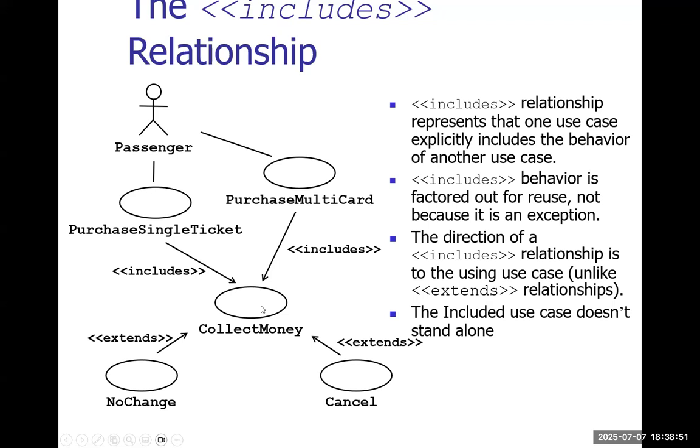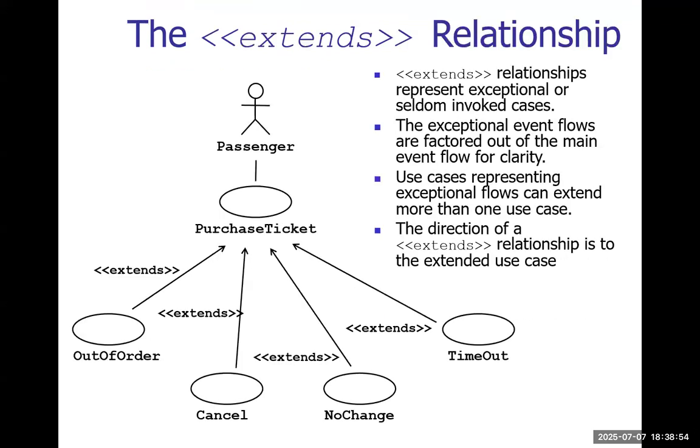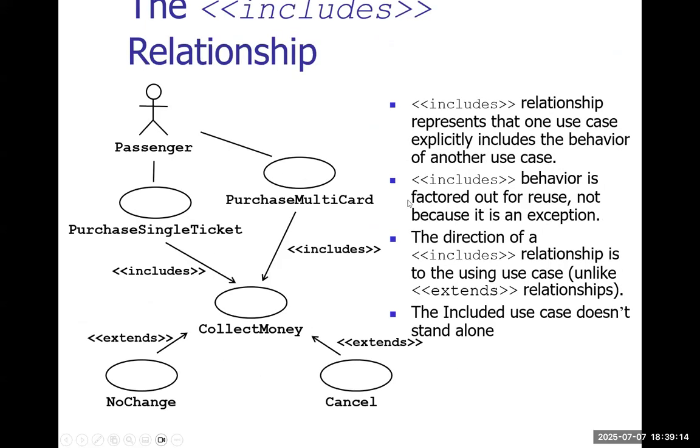So you can see that when we have multiple use cases, we can have extend. Extend is to describe a regular operation and then some exceptional cases, like a timeout, there's no change, the customer clicks on cancel, or the machine is out of order, and so on. These are the exceptional cases, so we can use extend. If there are multiple similar use cases that have a common task, then we can factor it out and form a new use case.